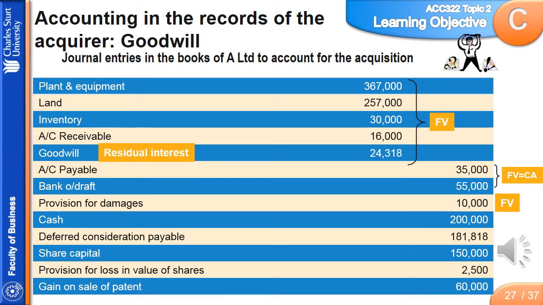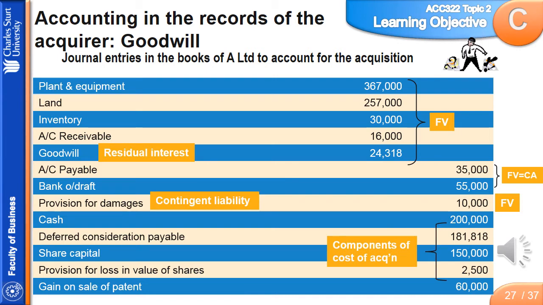So on the credit side, we've got $35,000 for accounts payable and bank overdraft $55,000. That's fair value equals the carrying amount, that's fine. We're also recording that provision for damages, that contingent liability there, and then we had to pay $200,000 cash up front, and also we'll record this now even though we're not actually paying it, that deferred consideration payable, which was discounted by the 10%, so that's $181,818.